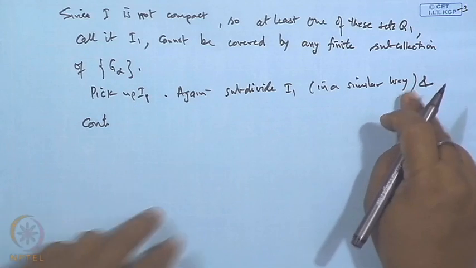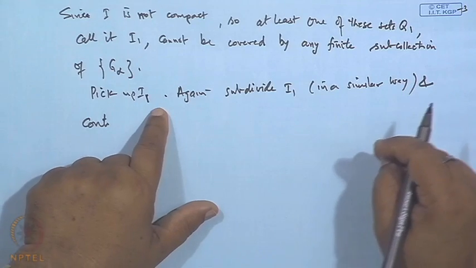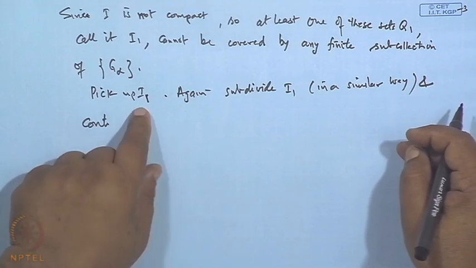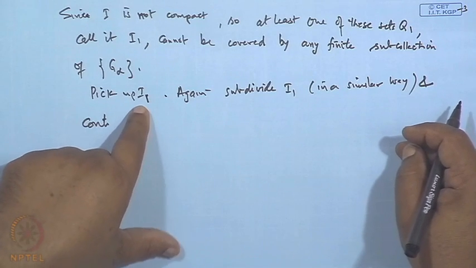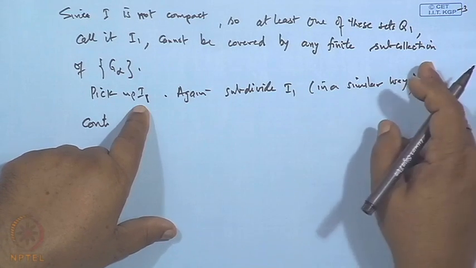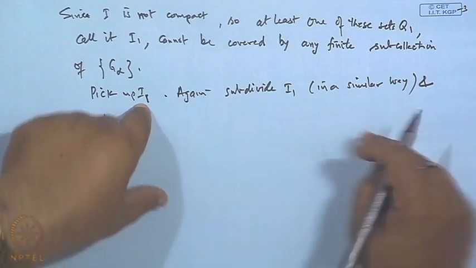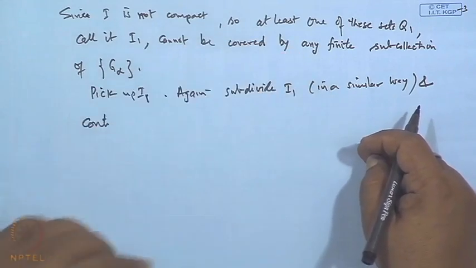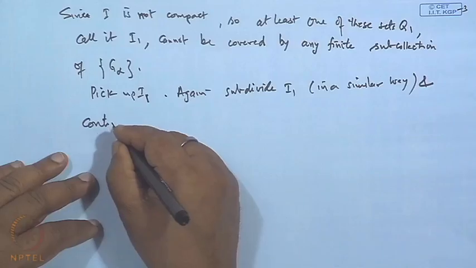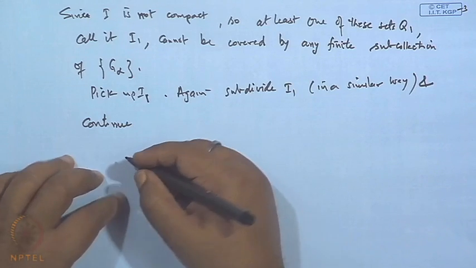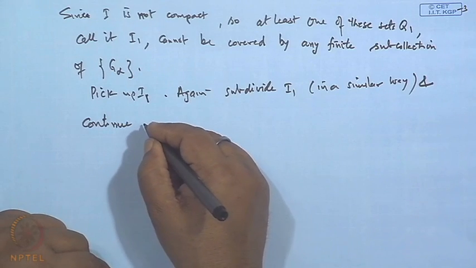When you divide again, you get I_2, one of the cells which is not covered by any finite subcollection. So, again you subdivide I_2 and like this. When you continue this process, we obtain a sequence I_n.